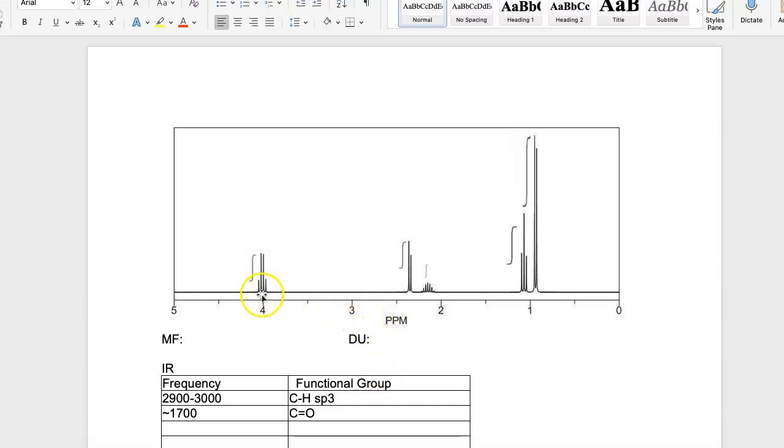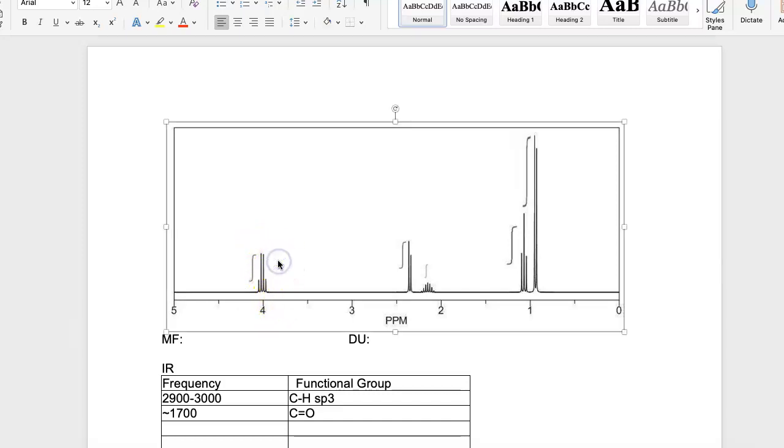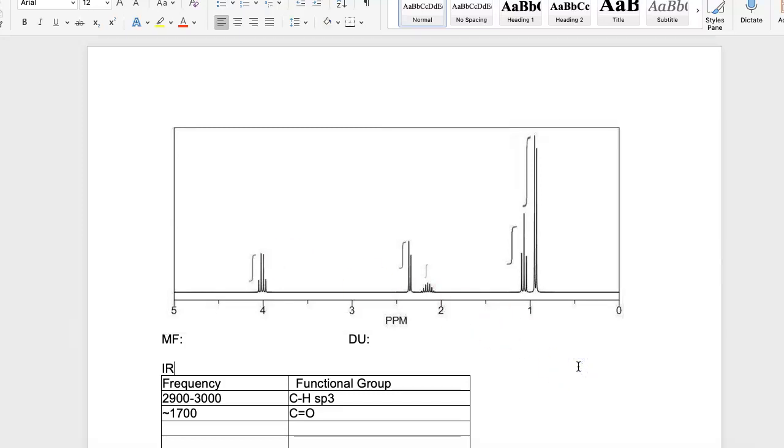Right around 4 parts per million, we have 4 distinct peaks within this one signal. This refers to how many neighbors each group of hydrogen has, meaning how many hydrogens are attached to the next carbon on either side of the carbon represented by that signal, and we use the formula n+1, or neighbors plus 1, to determine how many peaks will be shown.